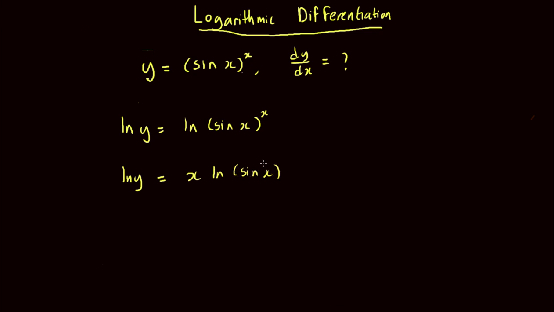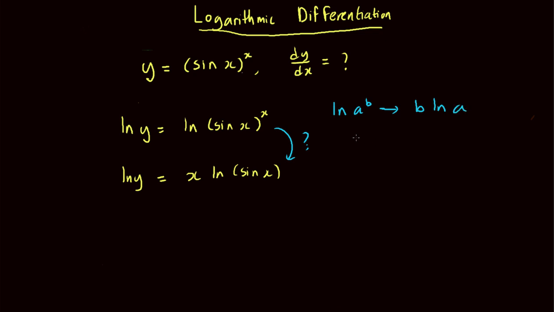How did I get from here to here, you might be wondering. This is basically a basic law of logarithms. If you have a logarithm, let's just write ln, it'll be easier. You can also write log to the base 10, no problem, but I'm just going to stick to ln. So if you have ln a to the power of b, it can be written as b ln a.